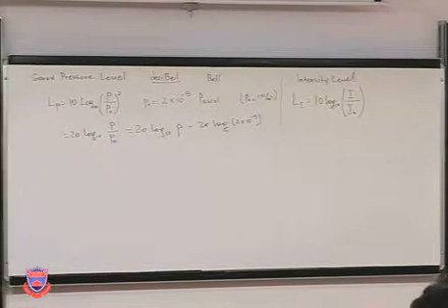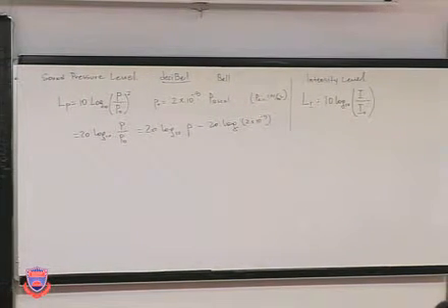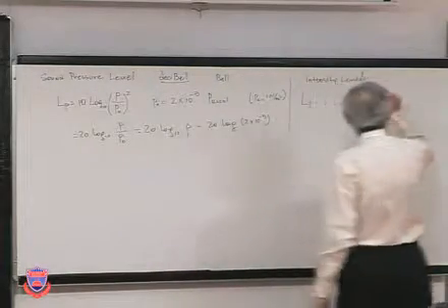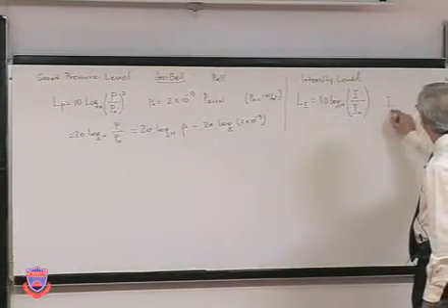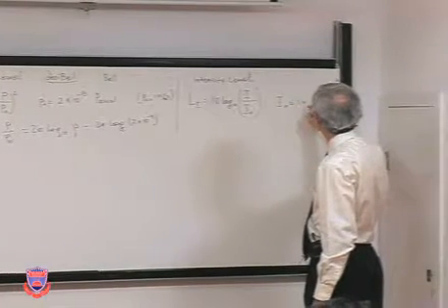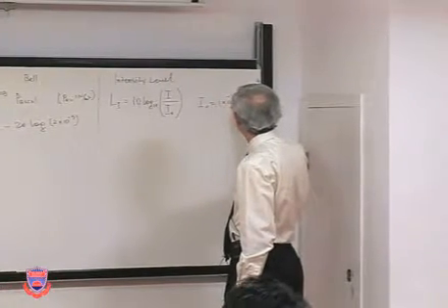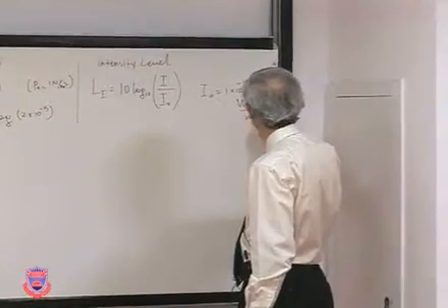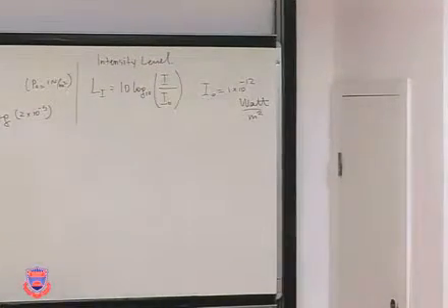Oh yes, I did give you in the homework problem some definitions. I0 is 1 times 10 to the minus 12 watt per meter squared. I think that's what it is. Yes.